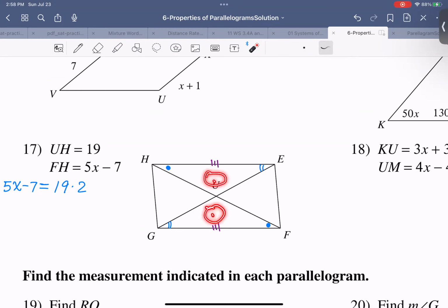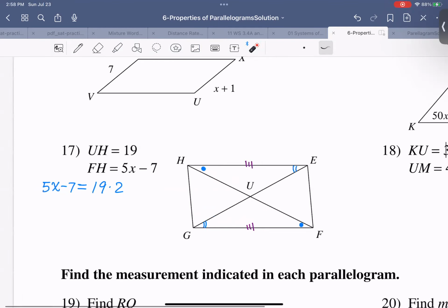When these two triangles are congruent, the corresponding parts are equal, so these two pieces are equal. That's why these two parts are congruent. So this is double of this. Okay, very good.